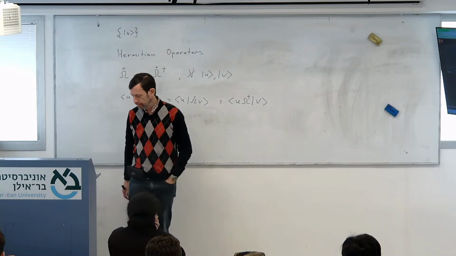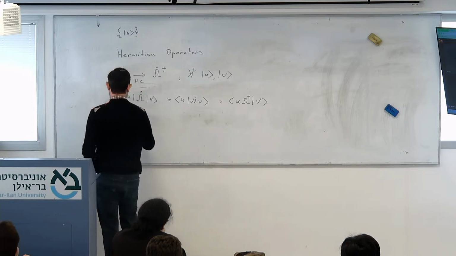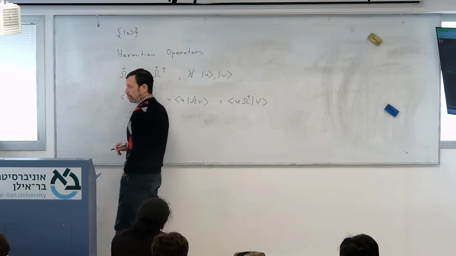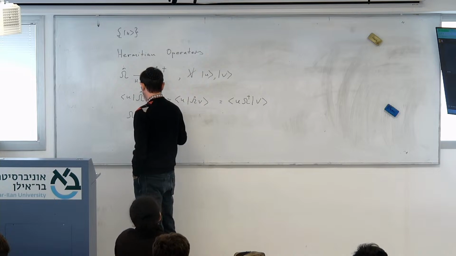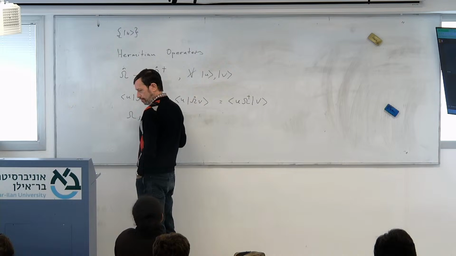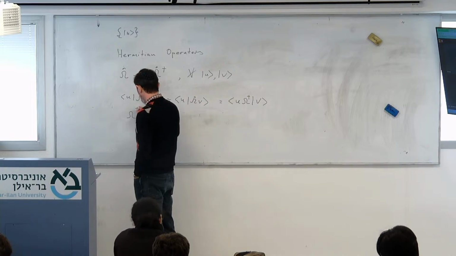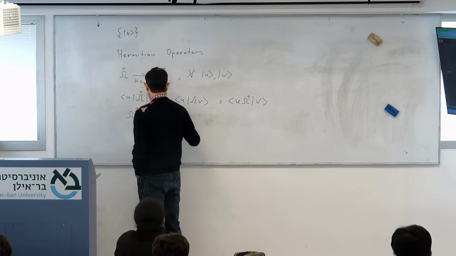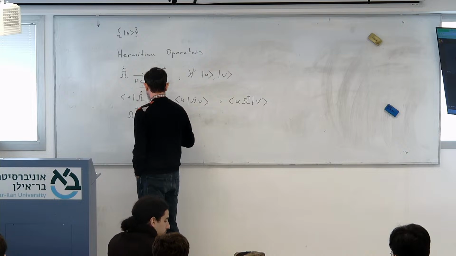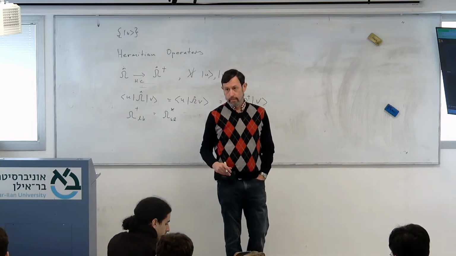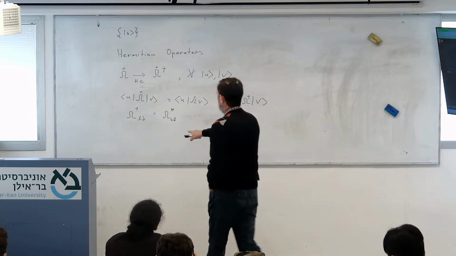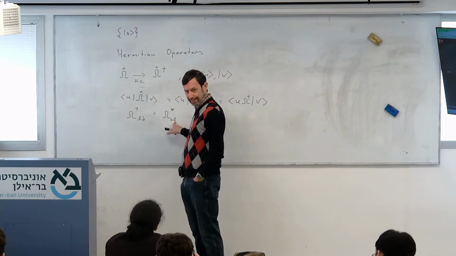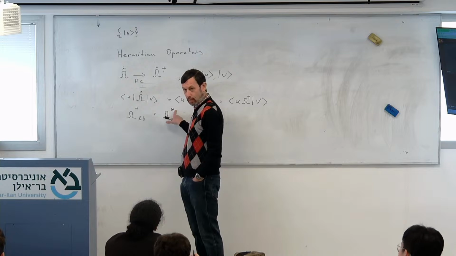So, if I remember how matrices work, for each element L and K, I transpose the original matrix that represents the operator and complex conjugate.